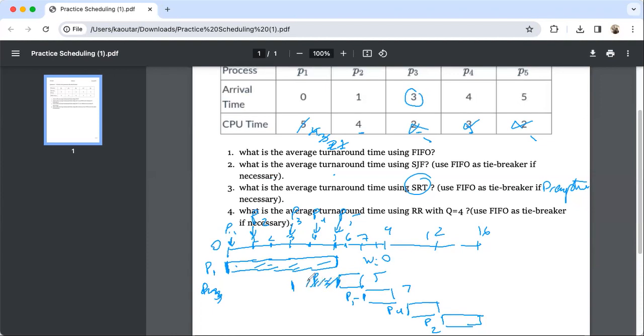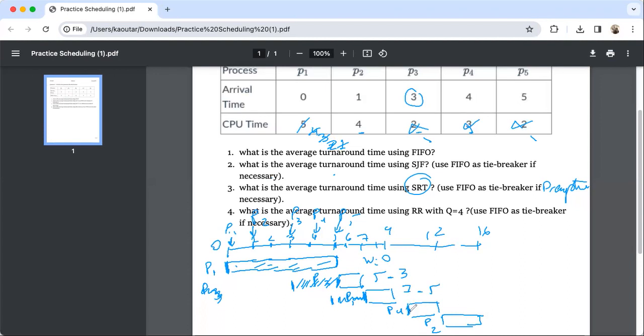So you always have to do 5 minus when did it arrive, which is 3. Same thing for P5. It started at 7 and it arrived at 5. So it waited for this duration, which is 7 minus 5, right?